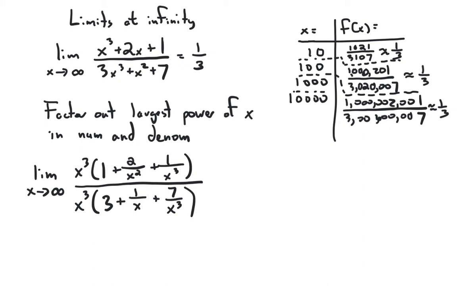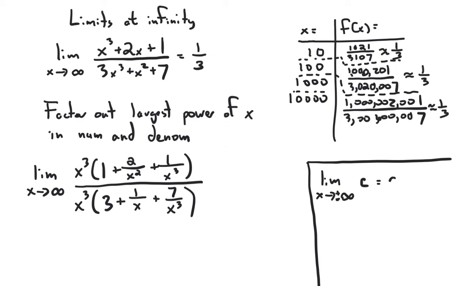Okay. And we can use 2 facts to help us out here. And those facts are as follows. The limit as x approaches infinity, and in fact we can say plus infinity or minus infinity, of any constant is that constant. Remember, there's no x in here, so if x changes, the constant doesn't change, it remains constant.